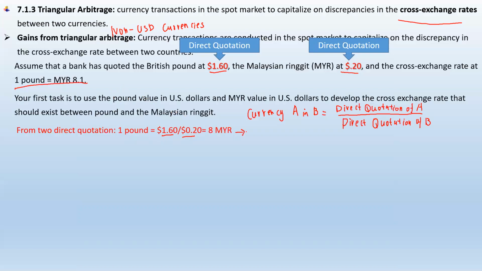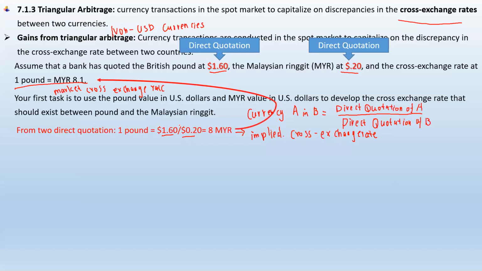This is the so-called implied cross exchange rate. And here, this is the market exchange rate, the market cross. We can trade on this market cross exchange rate, but it's really hard to trade on the implied one because this is what we get from direct quotation.